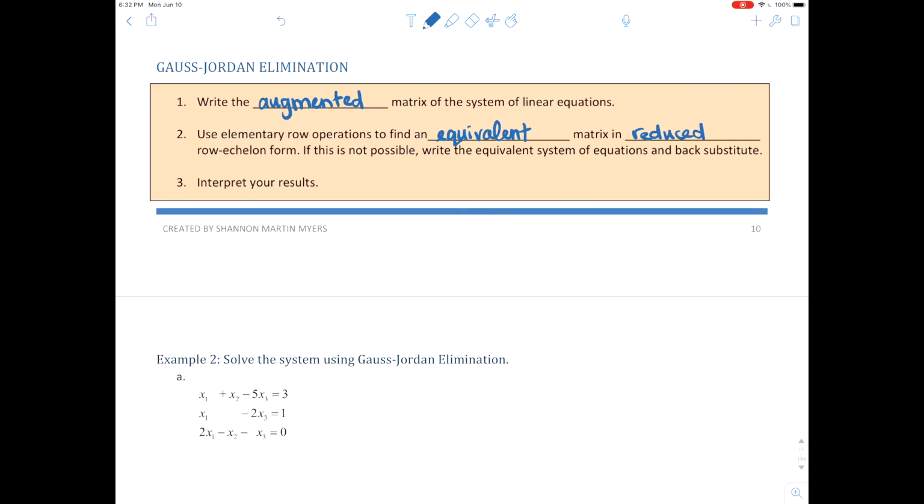If it's not possible, that means it's dependent or inconsistent. Then you write the equivalent system of equations and back substitute. So it'd be an REF form, not RREF. And then you've got to be able to interpret your results.